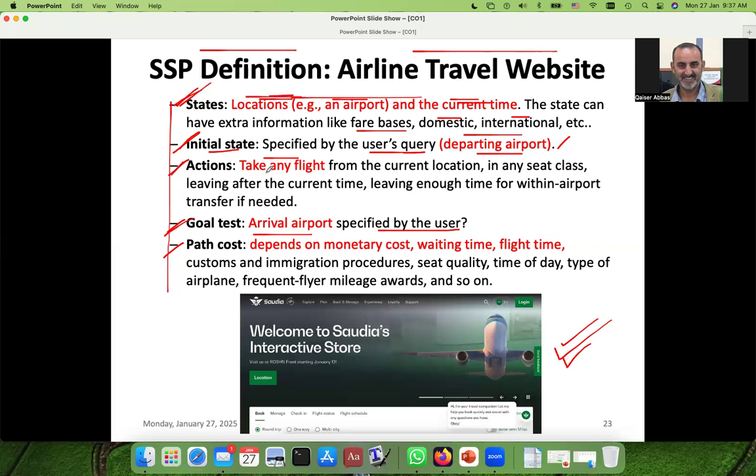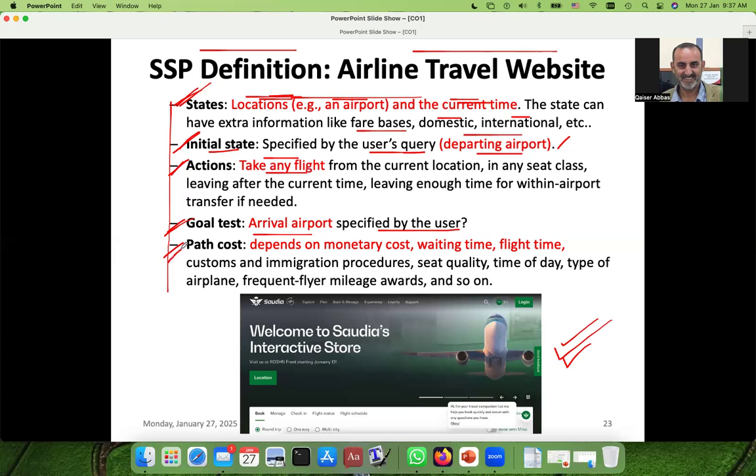Similarly, action. Action is what? Taking any flight. Normally we have a short journey, so we have only taking a flight from Medina to Riyadh, and then from Riyadh to Islamabad, as actions. Or if it is a long journey and there are many, 4 or 5 different countries involved, you have to write all those cities of those countries as the states.